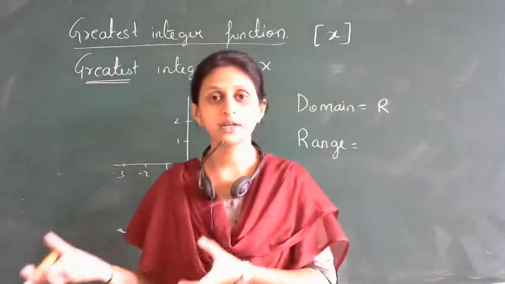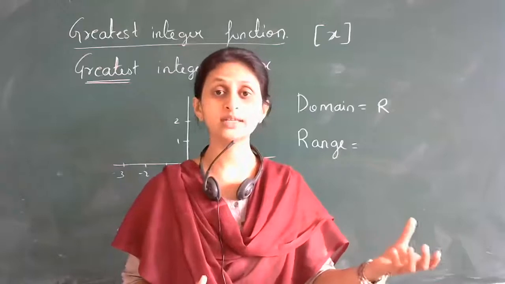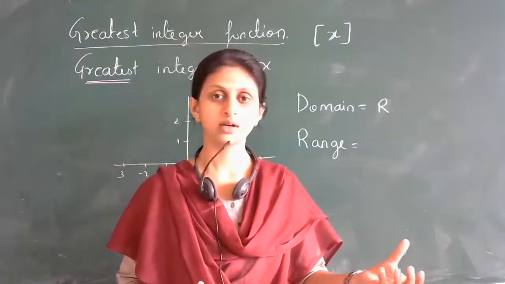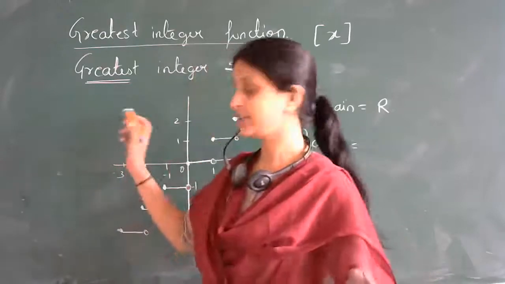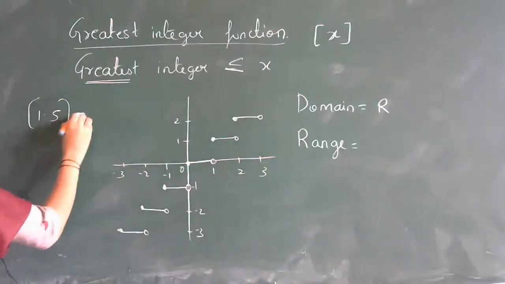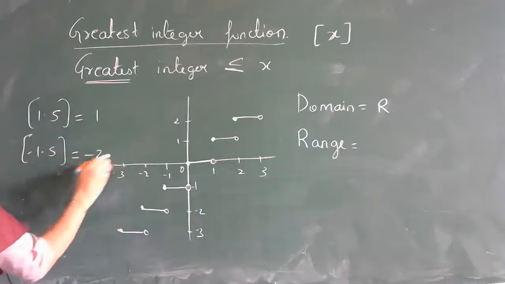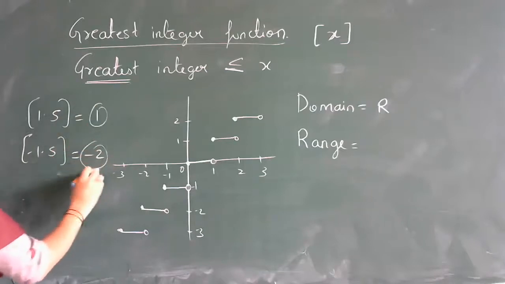Whatever the real number, whatever the input, my answer will always be an integer. Take any real number. If I take 1.5, my answer is 1. If I take minus 1.5, my answer is minus 2. So these are all integers, right?